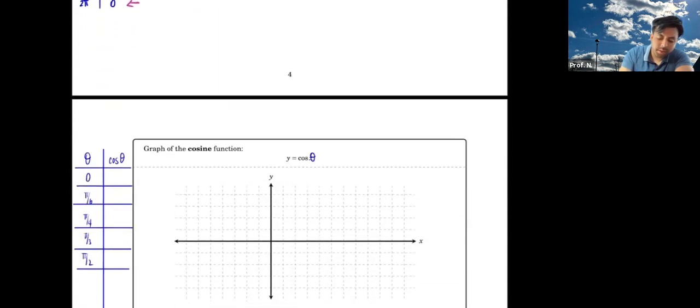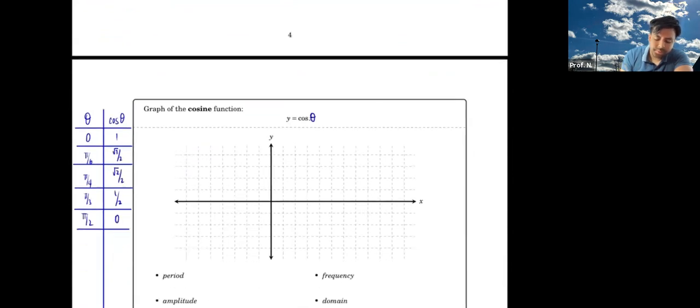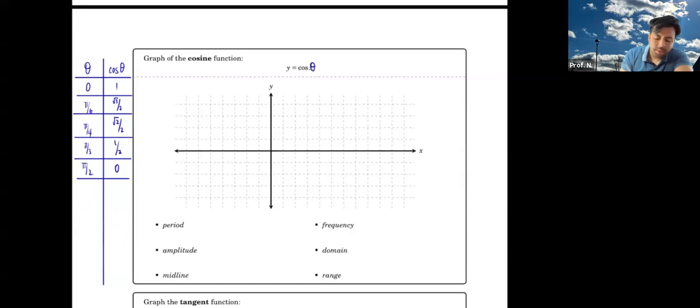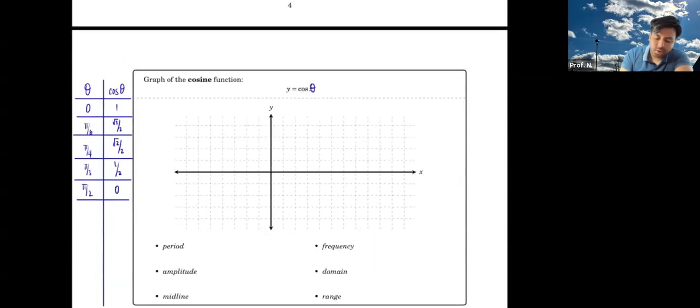So this becomes 1, then rad 3 over 2, rad 2 over 2, 1/2, and 0. Now, we can draw a little unit circle again, just to give us a reference point. As I continue around, this is pi over 2, this is pi, this is 3 pi over 2, this is 0.